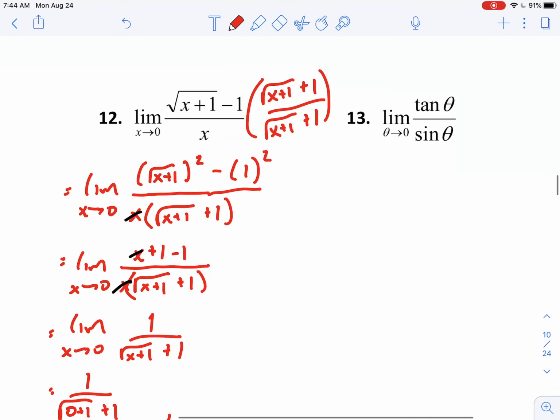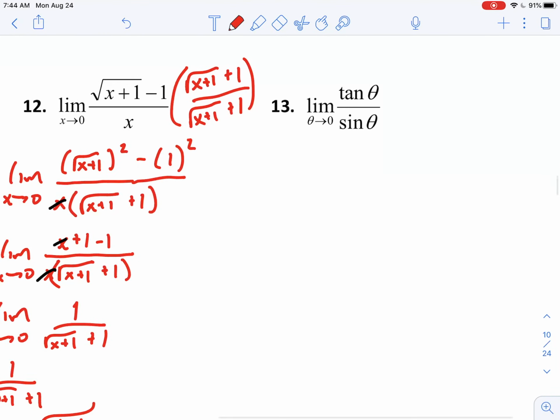All right, one more problem. If you get some trig expressions, it might be helpful to, well, first, if I do direct substitution, I will get the tangent of 0 over the sine of 0, which is 0 over 0, which is indeterminate. So I have to try some tricks. Here I'm not going to factor, but I'm actually going to rewrite my expressions.